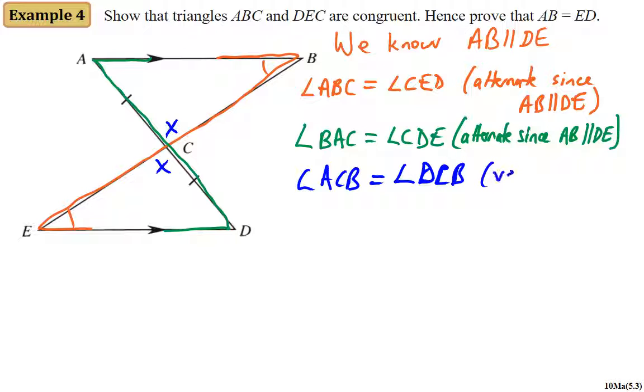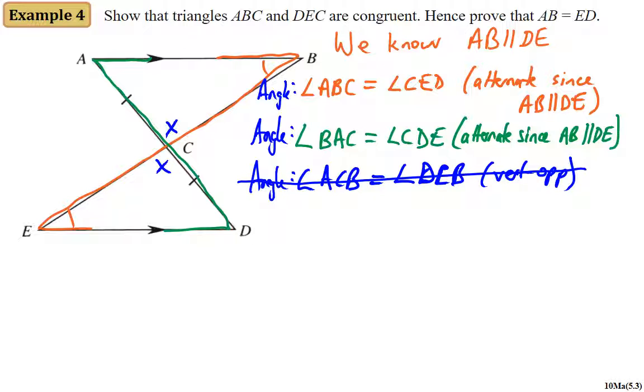They're vertically opposite. It doesn't actually help me because then I've got angle, angle, angle. And angle, angle, angle is not a test for congruence. It's a test for similarity. So I only need to use two of those. So it doesn't matter which one I ignore.